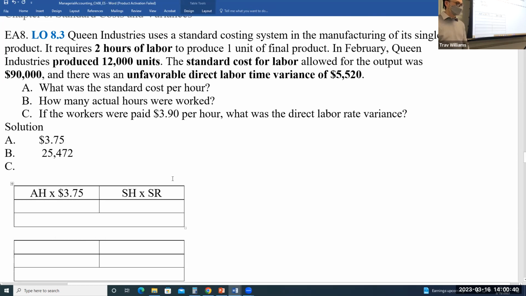Okay. And then the standard hours would be the 24,000 hours, right? 2 hours times 12,000 units. 2 hours is the standard. So for 12,000 units, that would be 24,000 hours.